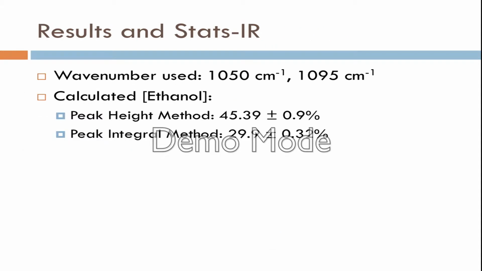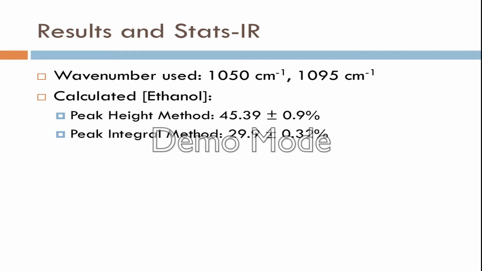Here are the results and stats, a summary of our IR data. The wave numbers that we used to calculate ethanol were 1050 and 1095. I think we ended up using the 1095 data more heavily. The calculated ethanol concentration using the peak height method was 45.39 plus or minus 0.9%, so not quite within the realm of our literature value of 40%, but kind of close.